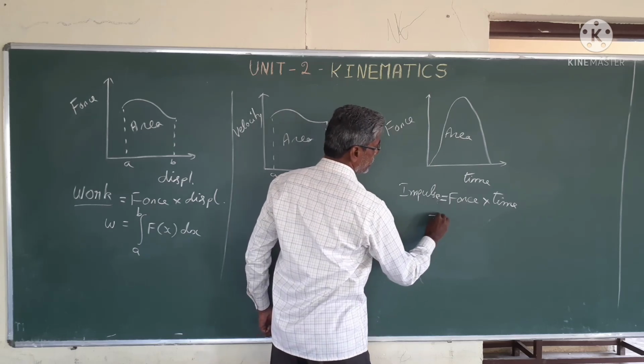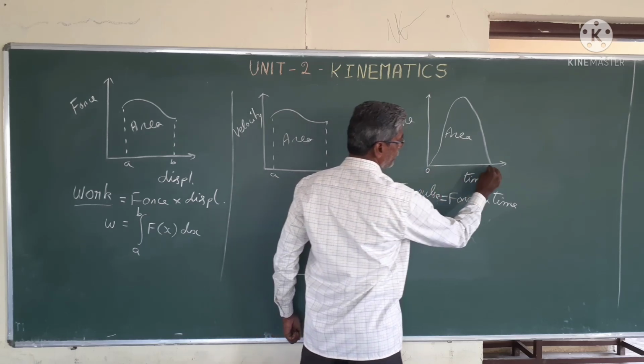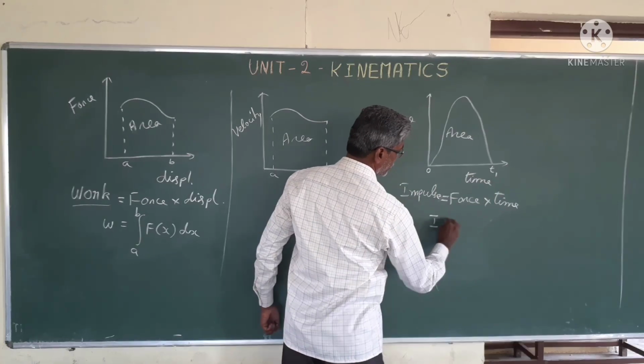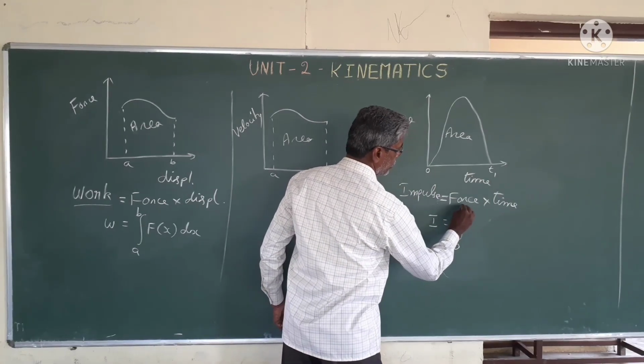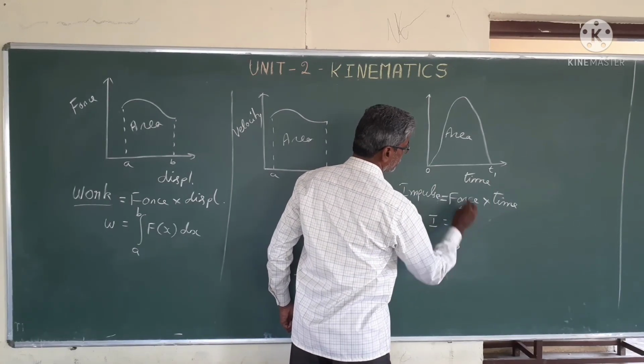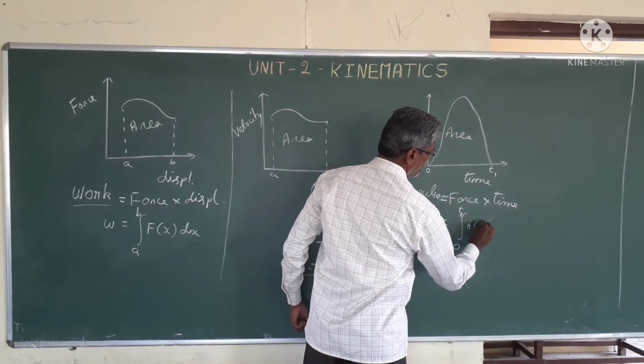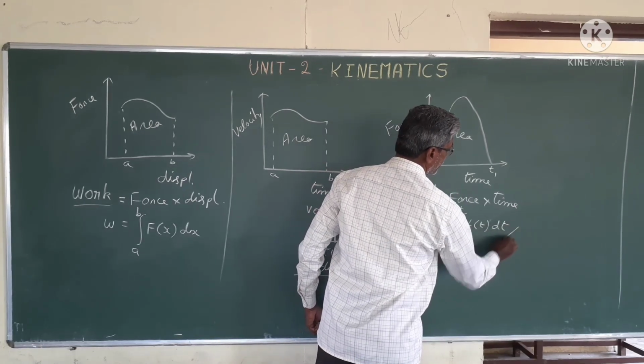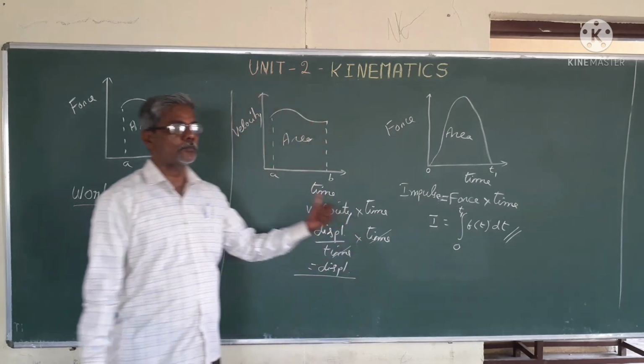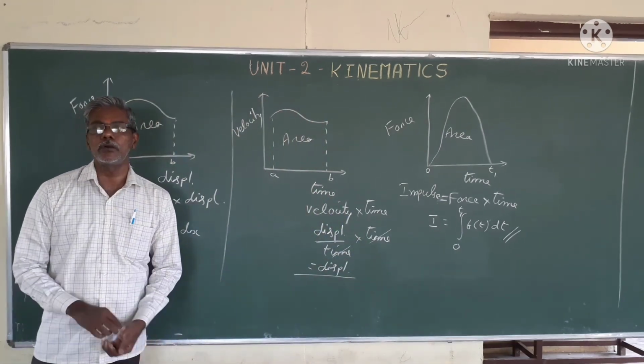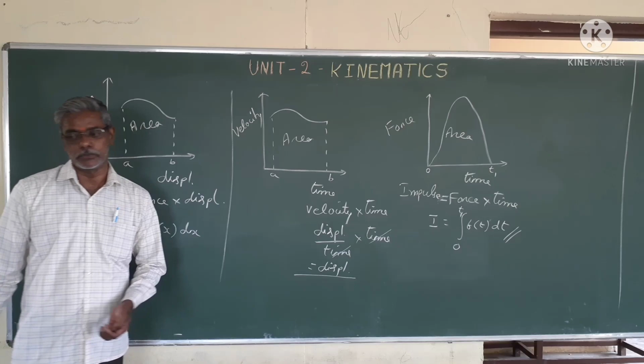So I can write impulse, it starts from 0 and let it be t1. Impulse is equal to integral from 0 to t1 of f of t dt. These are some of the examples to find out the area under the curve.